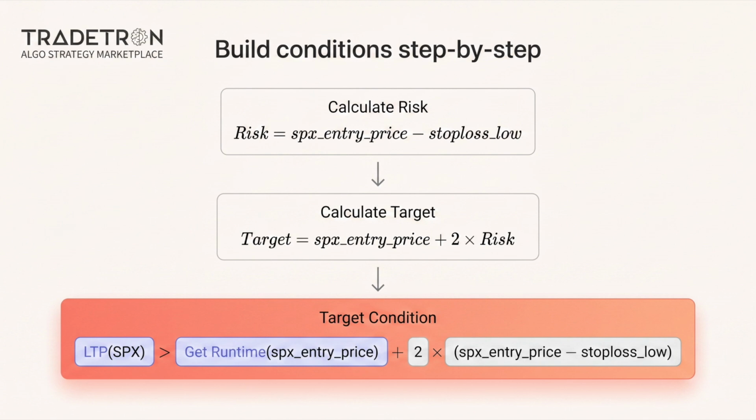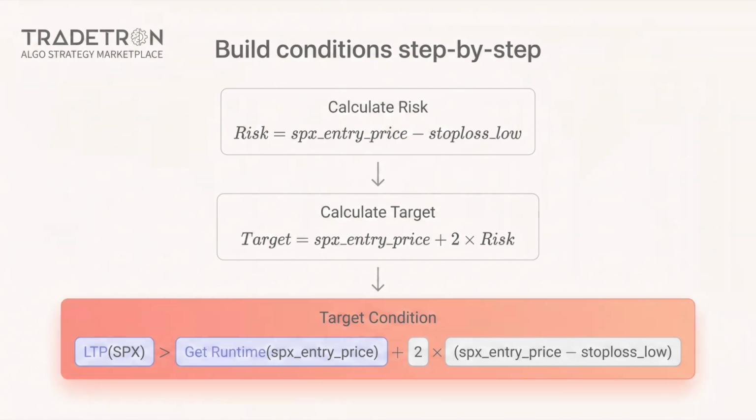Now let's build the target logic. We're using a 1 to 2 risk reward. First, we calculate risk: SPX_entry_price minus stop_loss_low. Then the target becomes SPX_entry_price plus 2 times the risk.